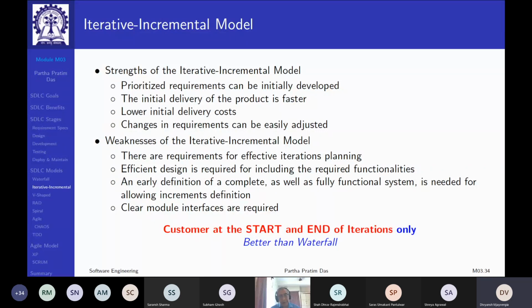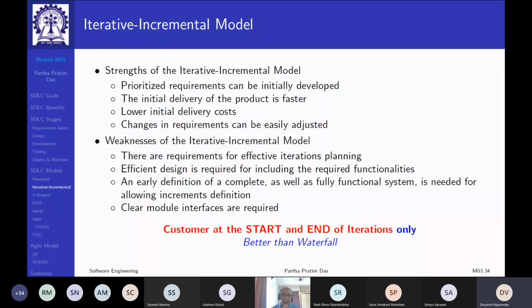Most importantly, the customer has much better engagement with the project compared to waterfall, because the customer is not only there at the beginning and end, but at the start and end of every iteration. So it's better in that way. But it does have shortcomings: there are requirements for effective iteration planning, which is an additional overhead.